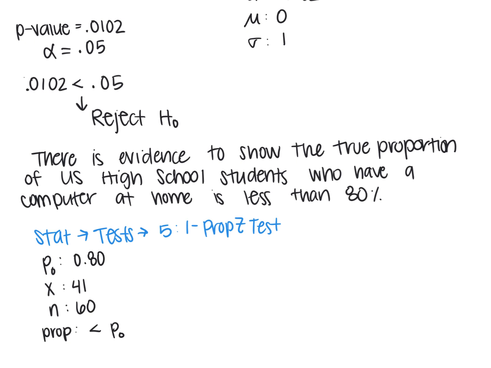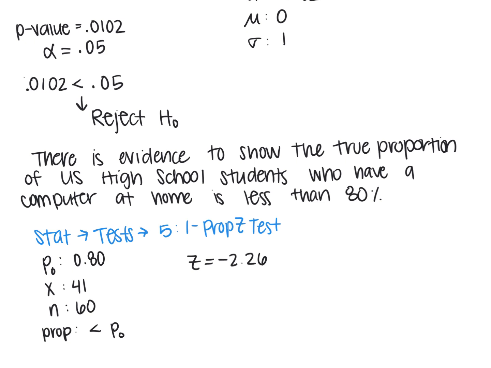So in this case, my z-score is slightly more accurate. I get a z-score of negative 2.26 because I had to round twice when I was calculating my z-score. I rounded once when calculating my p-hat, which wasn't exactly 0.68. And I rounded when I calculated my standard deviation, which gave us a not as accurate z-score.